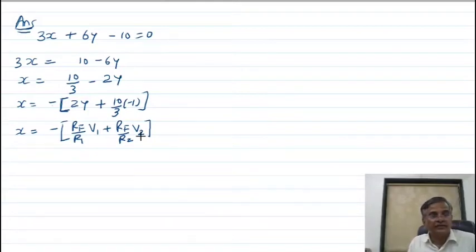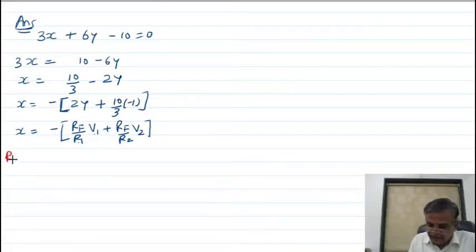So once you compare with the standard one, find the value of Rf and R1 and V1 such that you will get 2y. Take the value of Rf and R2 and V2 such that you will get this. This is very clear-cut.